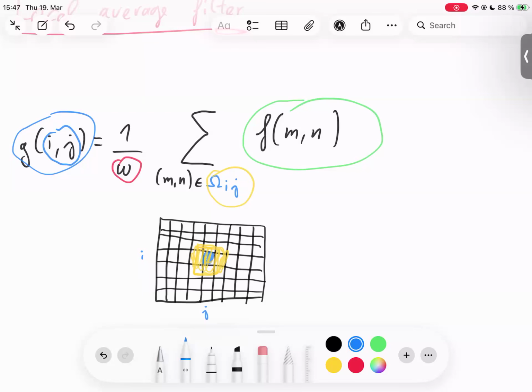And very importantly, when you build your result G, always work on F, the original image. So if you change ij to here, for example, always use the neighborhood of the original image. Don't use the neighborhood of an image that you have already partially started to run the local average filter on, but always read from the original image.